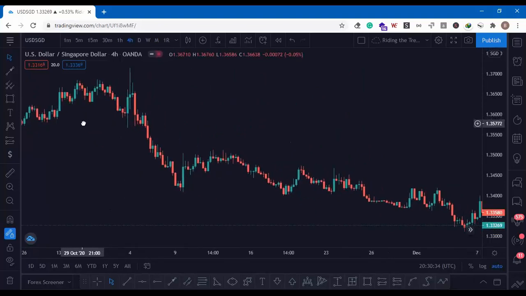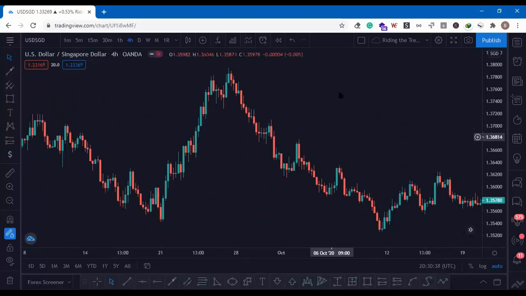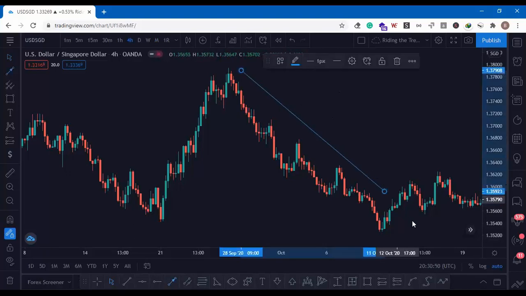So over here, I want a clean one. So over here, we could see the price was in a trend this way, coming down.